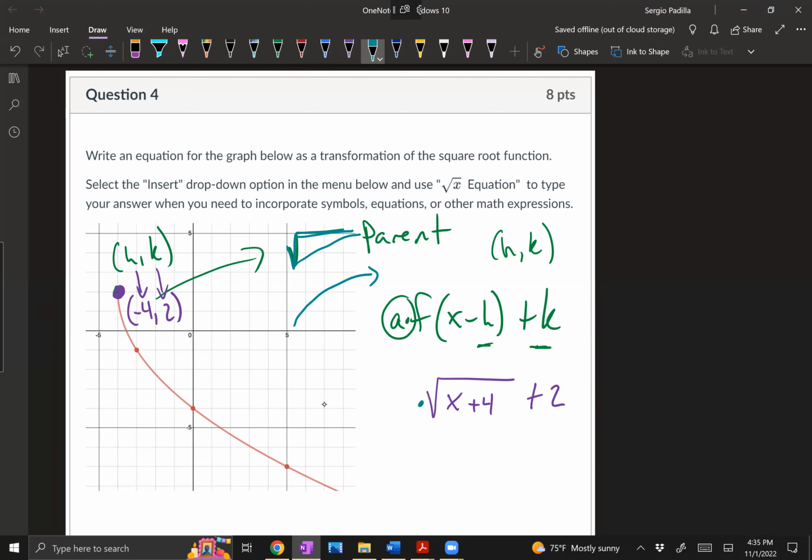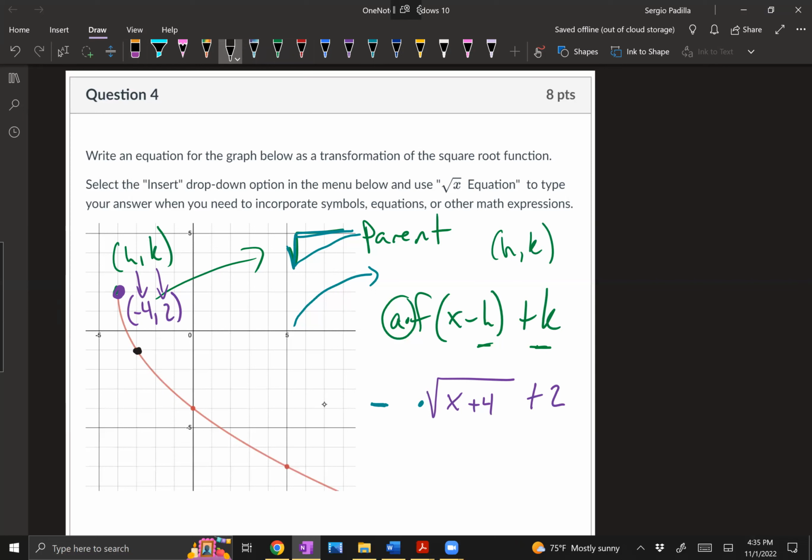Now, ours clearly is going the reverse direction, right? It's going downwards instead of upwards. So we know that our number should be what in front here? We should have a negative number. Now, to figure out what that number is, what you need to look at is the very next point on your graph.